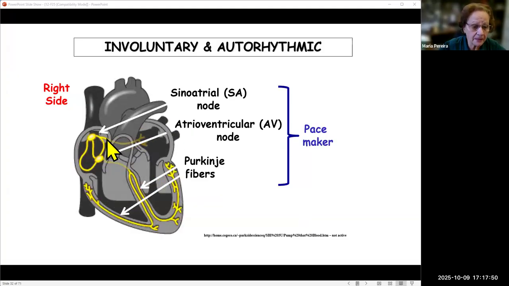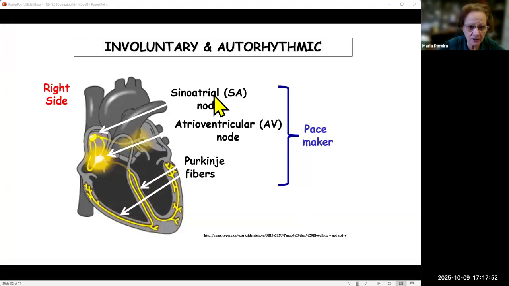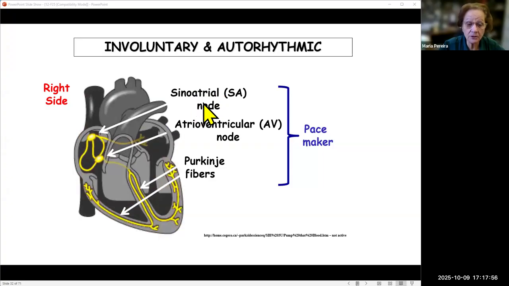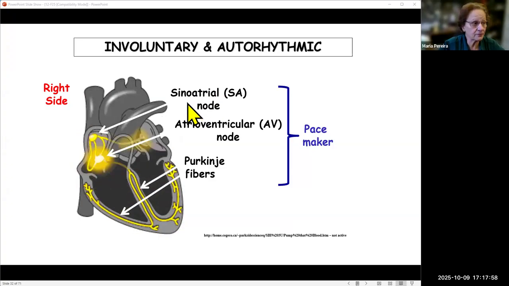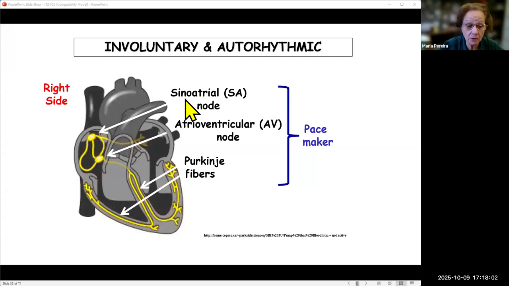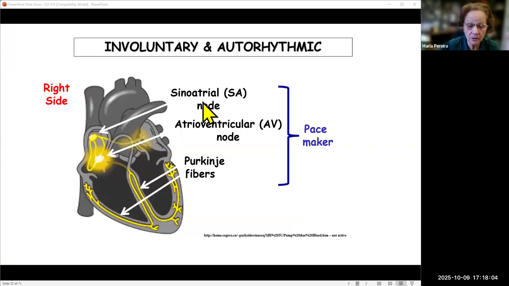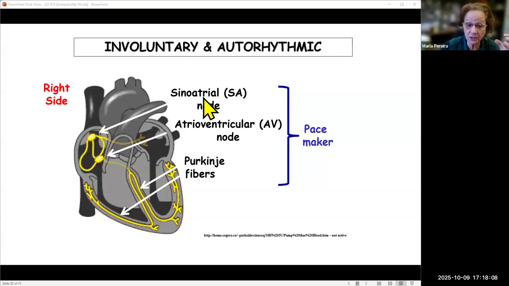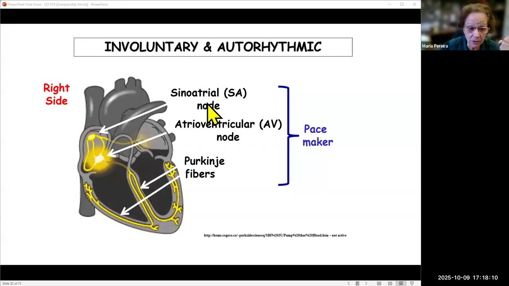Okay, so I talked about this. Here you see the pacemaker, right? It's the sinoatrial node that starts beating in utero. Remember, if a mother goes to a clinic and wants to hear the heartbeat of the fetus, they can, because the sinoatrial node is already working.